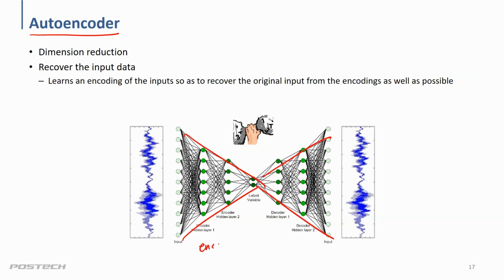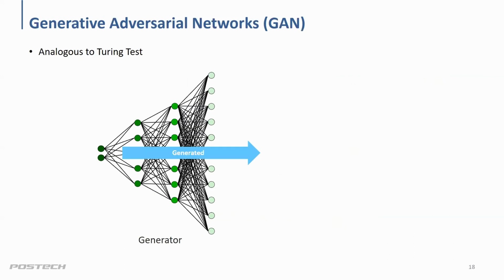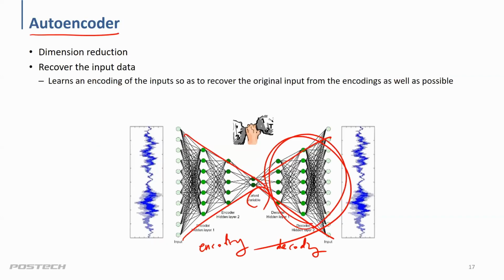Over here is the encoding, the latent space, and then we do decoding. So basically this is the same as a generative model.